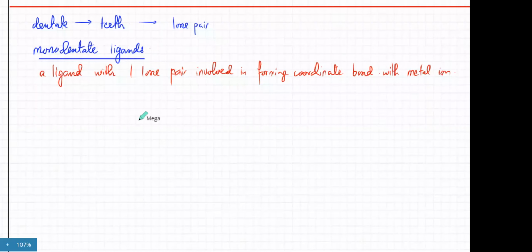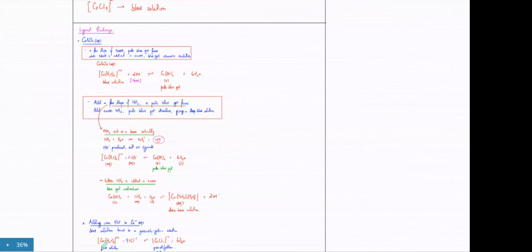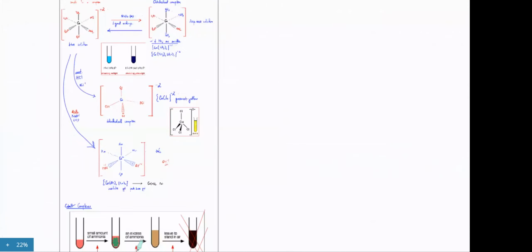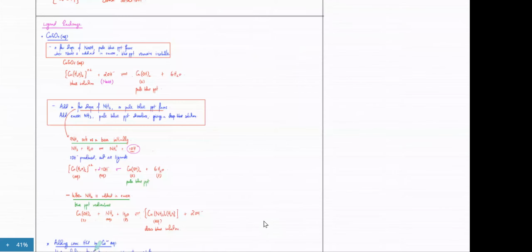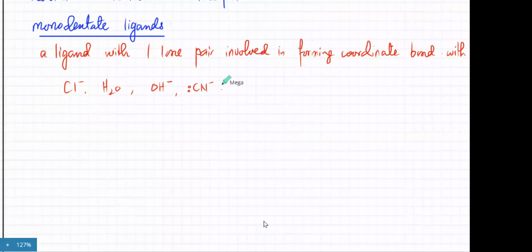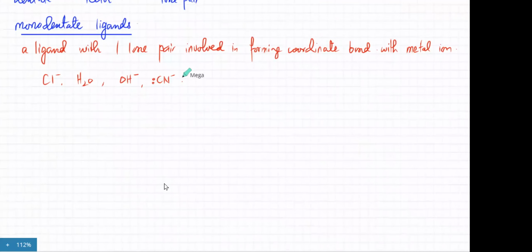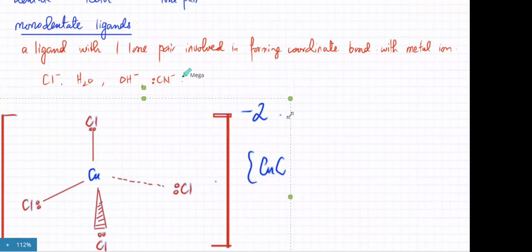The ones that we just discussed, the Cl minus 1, water, OH ions, and CN minus 1 as well, are all monodentate, because the ligand is just forming one dative bond. That's it.